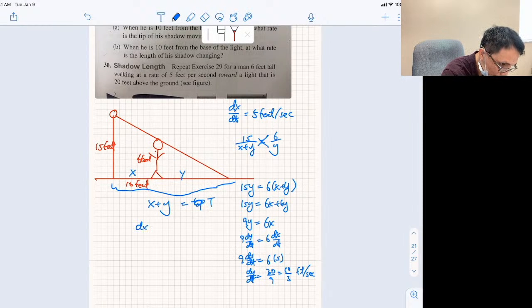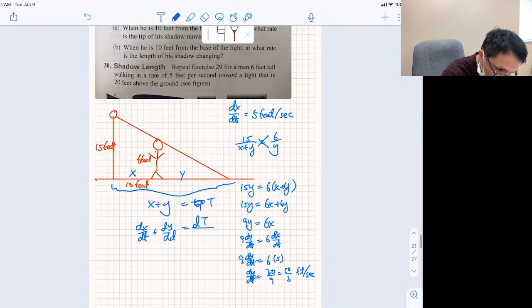So can I just take the derivative of that? dx/dt plus dy/dt is equal to dT/dt, the tip. That's equal to 5 plus dy/dt, which was 10/3, and that's equal to 25/3 feet per second, which is how fast the tip is changing.